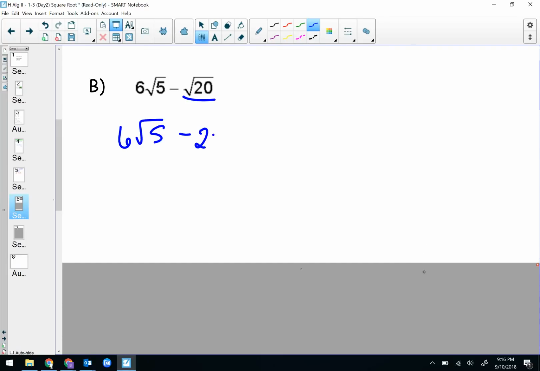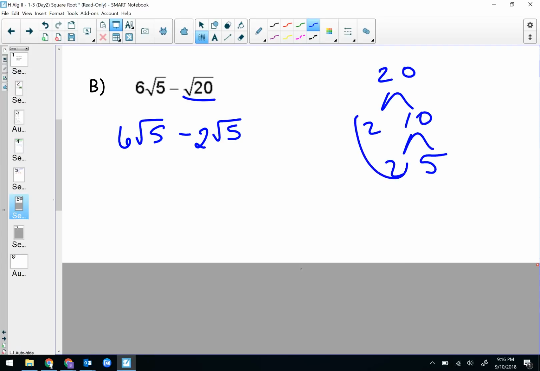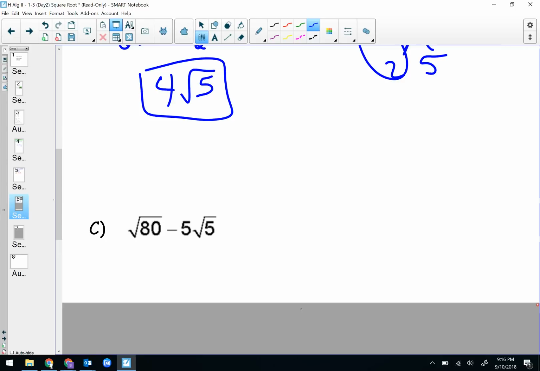So 2 radical 5. See that? So really, now we see it. They both have common radical terms. 6 radical 5 minus 2 radical 5 is 4 radical 5. So while some may look like they may not be combinable, they might just be hiding a little bit. You have to do some reducing before you actually can see if they can combine.